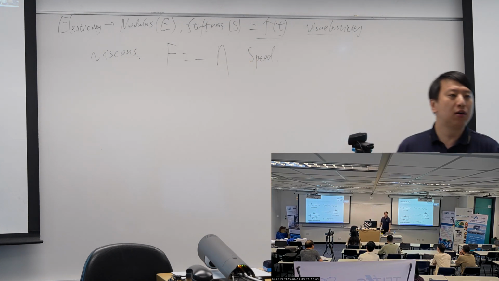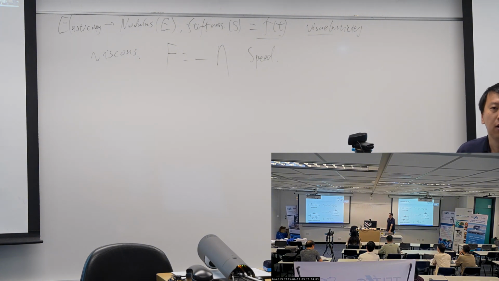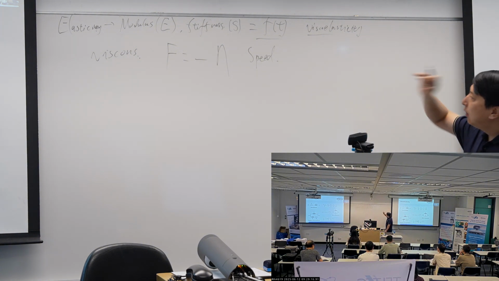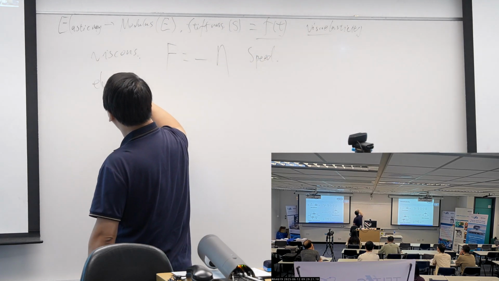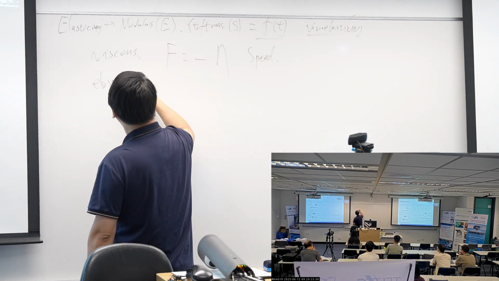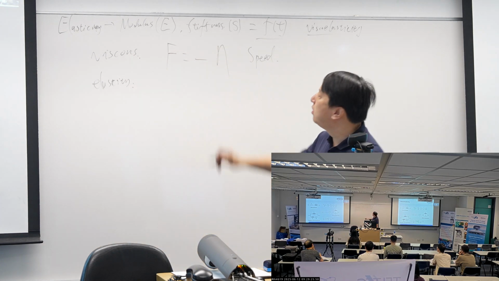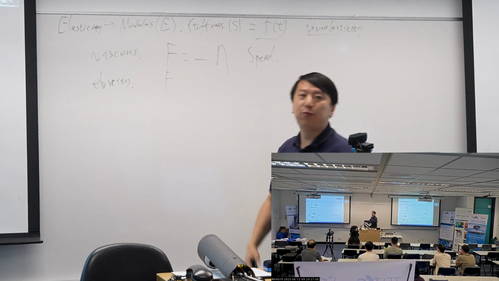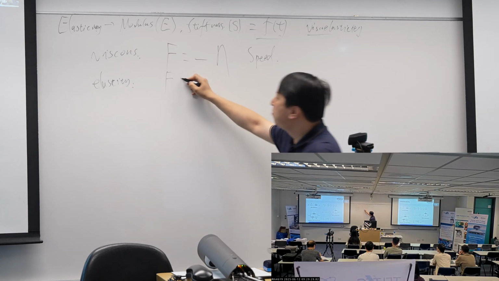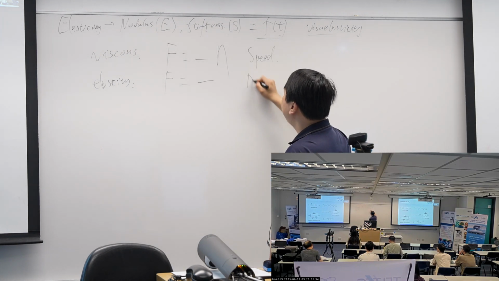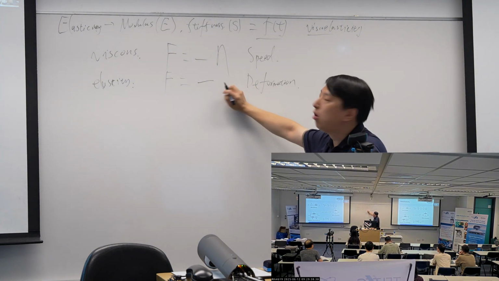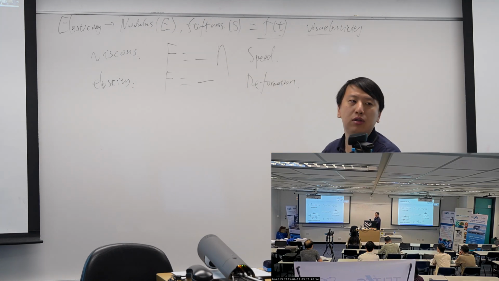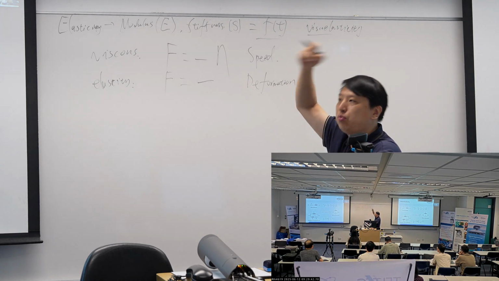That's the viscosity, and this is Newton's fluid law. For elasticity, we start with Hooke's law. The force we sense is proportional to the deformation, and the coefficient we call stiffness, or in Hooke's words, the spring constant.